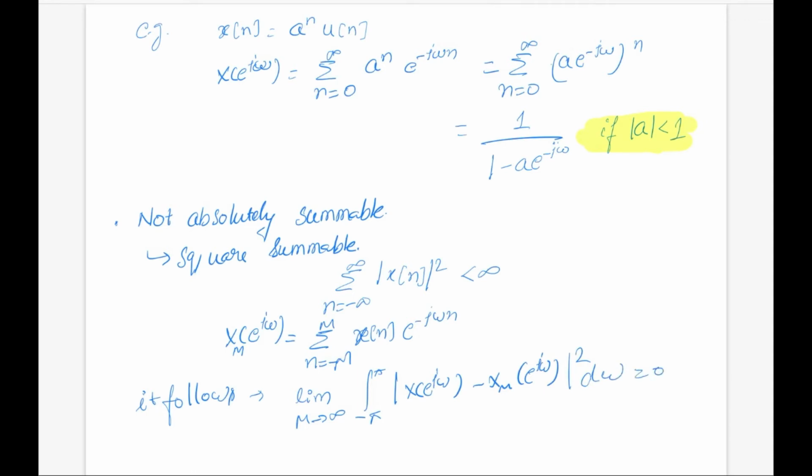So this means that the total energy in the error tends to 0 as M tends to infinity. Okay, so there is a workaround for signals which are not absolutely summable.